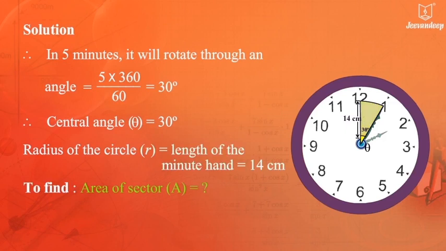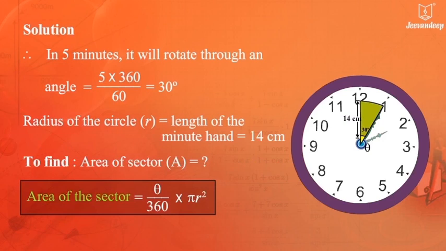To find the area of the sector, that is A, area of the sector equals theta upon 360 multiplied by pi r square.